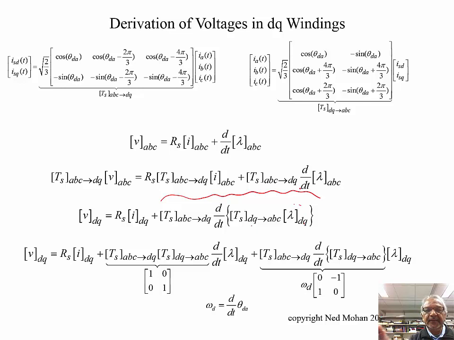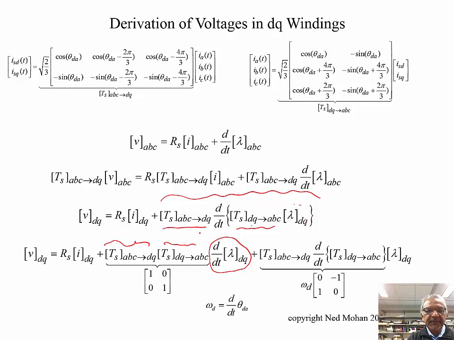So we have to differentiate by parts. First of all, we have this coefficient here, and then we just differentiate lambda dq right here. Therefore, this part shows up over here.